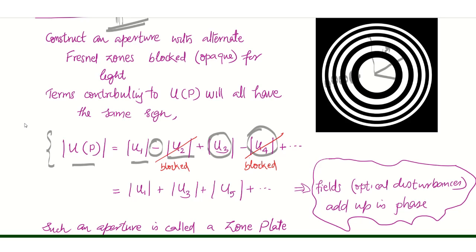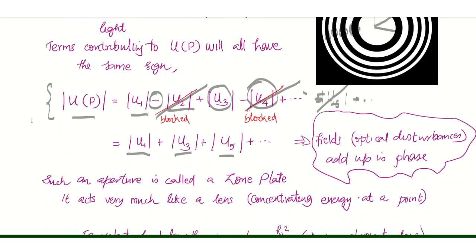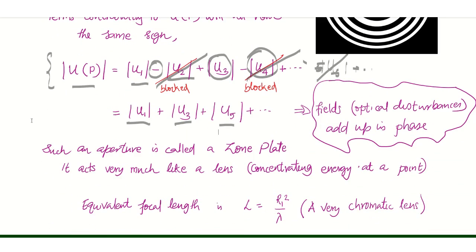Now if we block the second, then the fourth, then the sixth, block all of these, which carry the minus sign, whatever is left is U1, U3, U5, etc. The advantage of these quantities is that they are in phase.